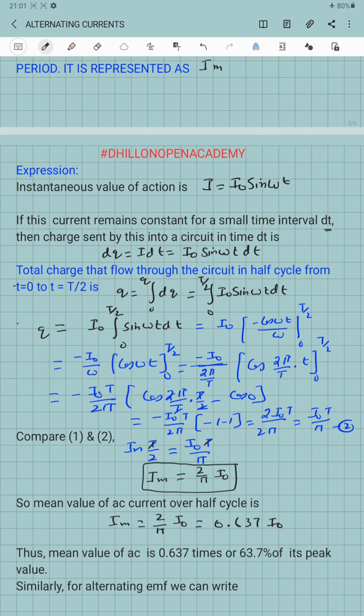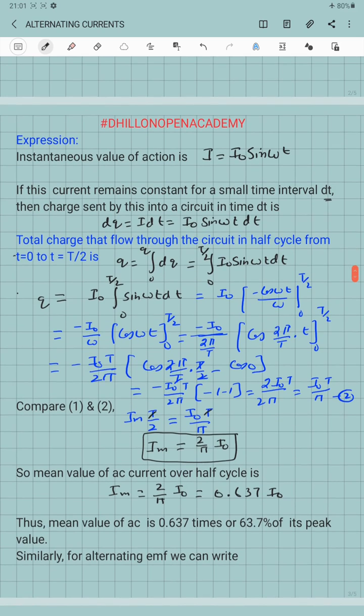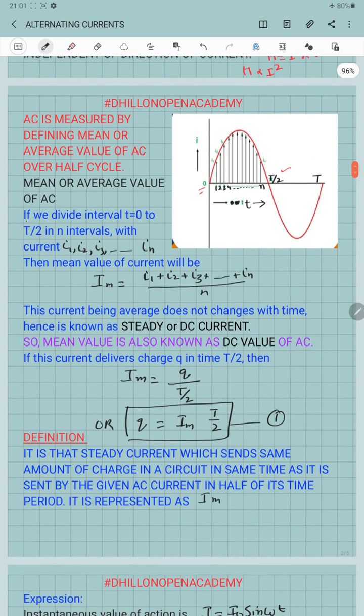If we do the same calculation for the alternating EMF, the average value will be 2 over pi into E naught, which will be 0.637 into E naught.